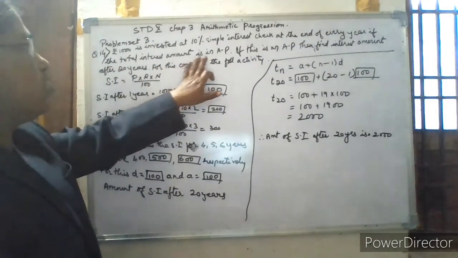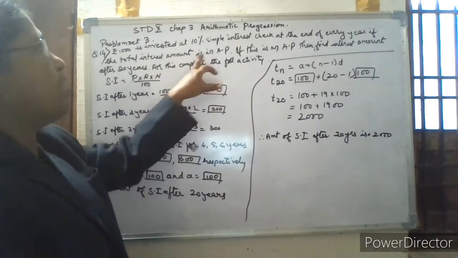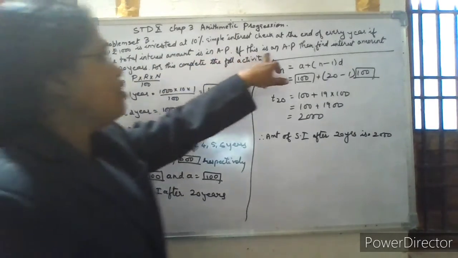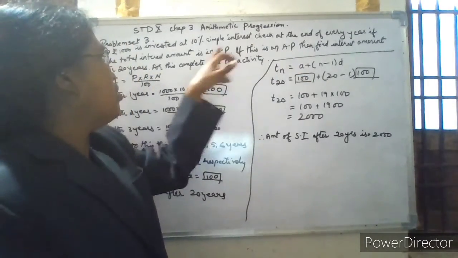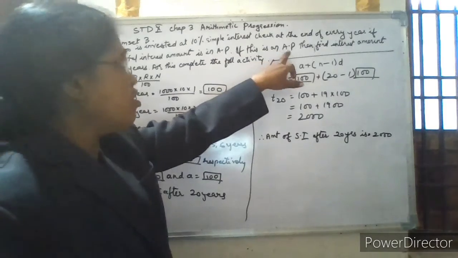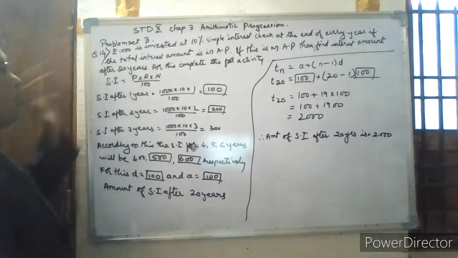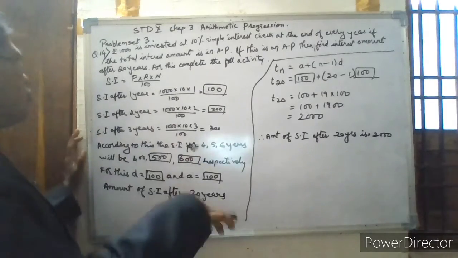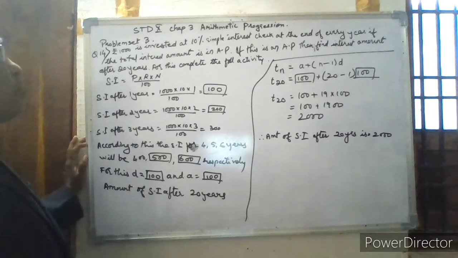Only the interest amount, that we have to check. If the interest of every year is in AP, then find the interest amount after 20 years. For this, complete the following activity.